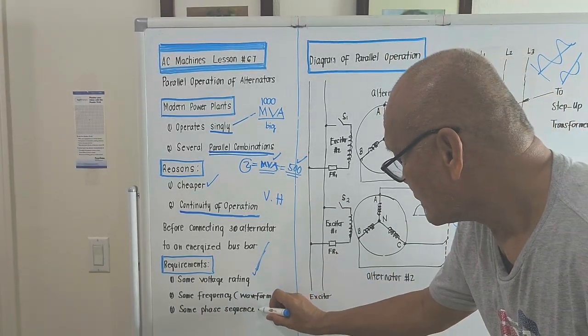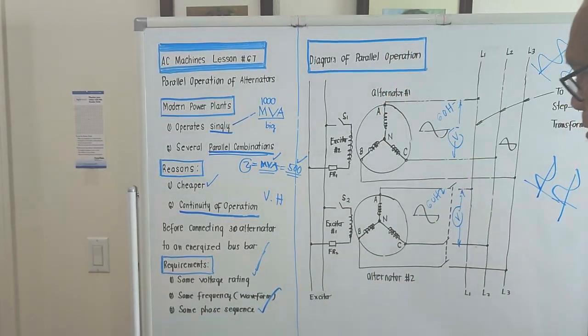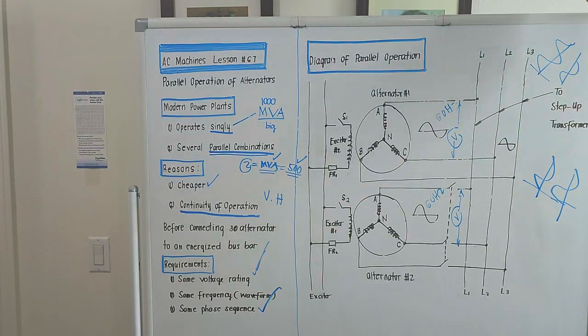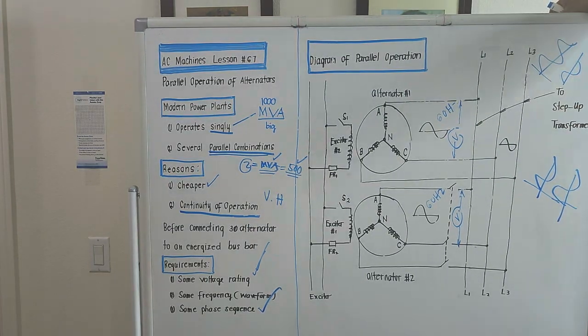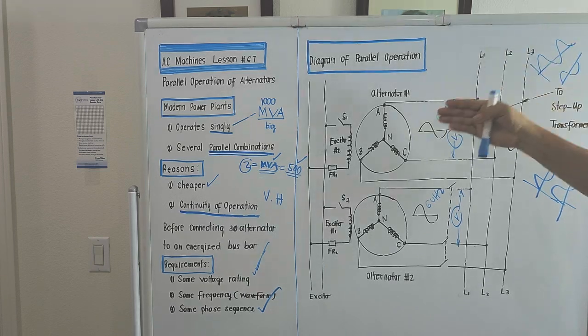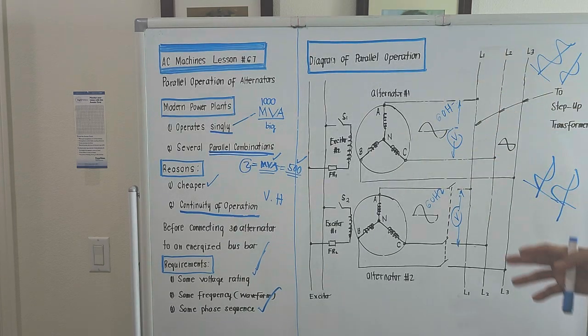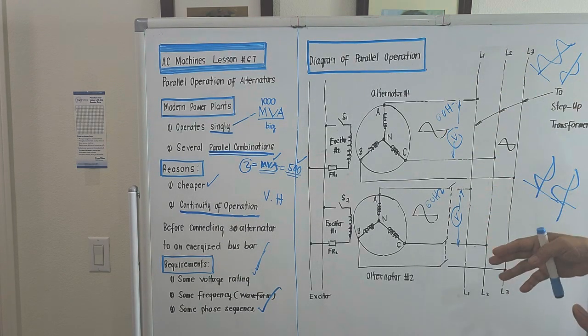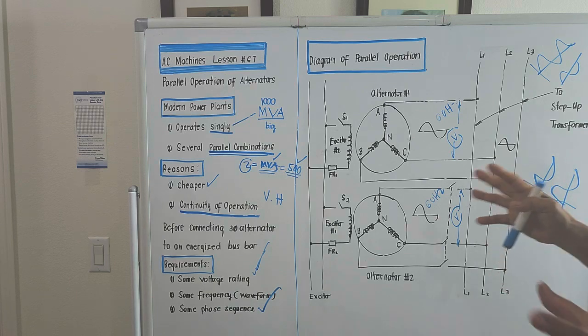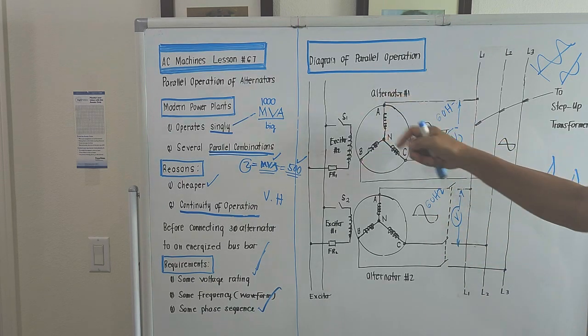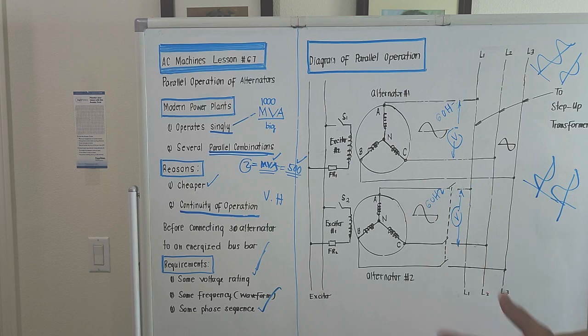Same phase sequence. For the phase sequence, we can explain this by seeing our figure. Alternator is actually connected, it's always a Y connection.